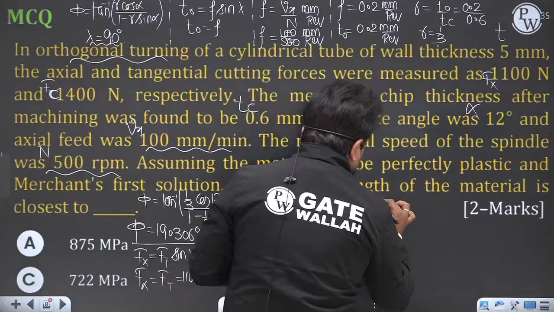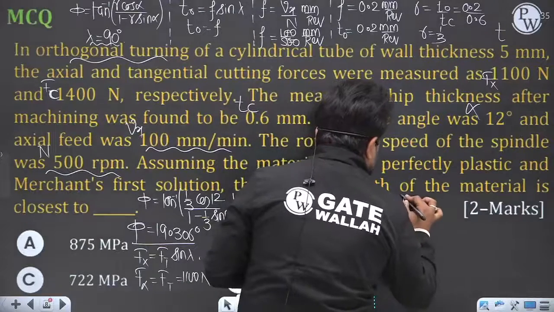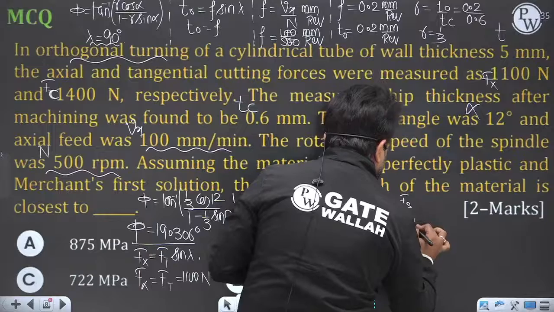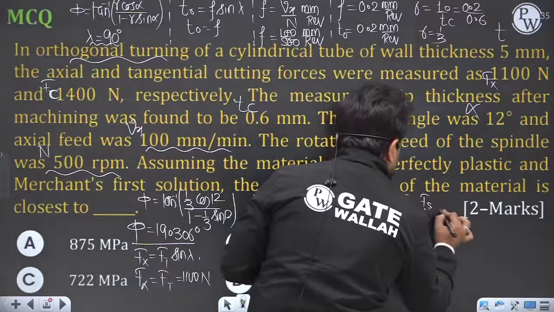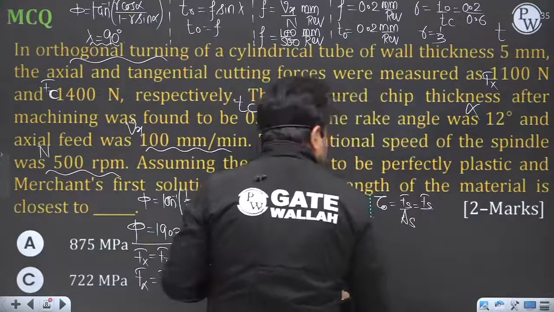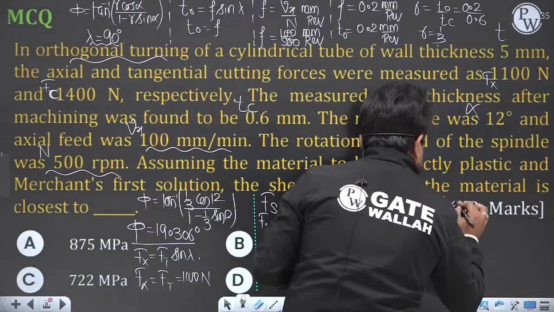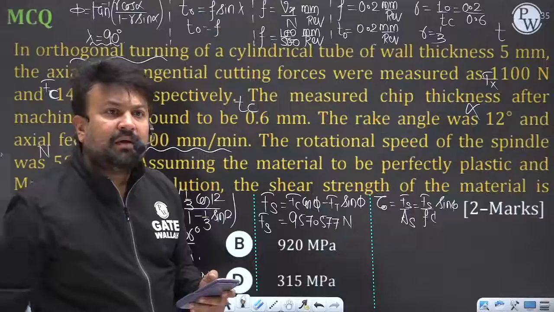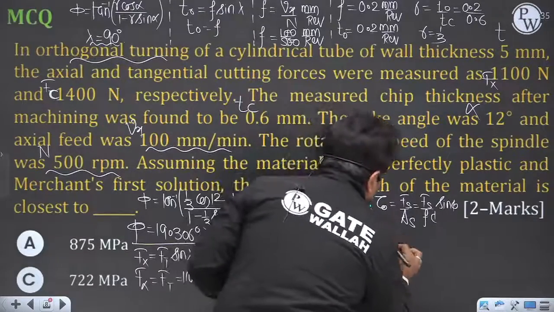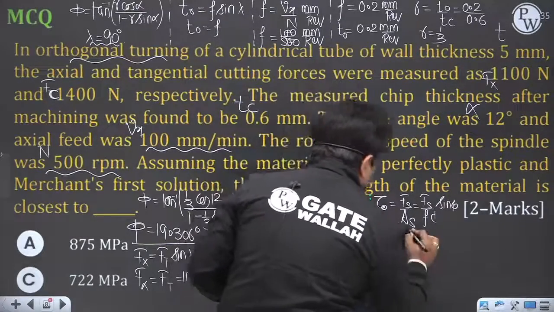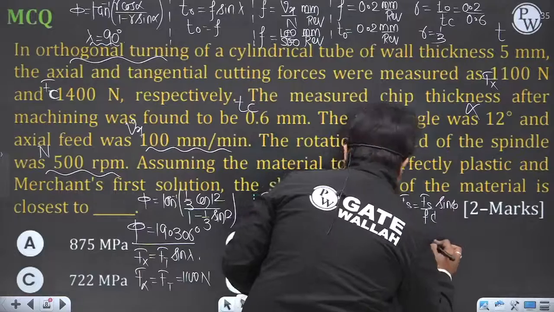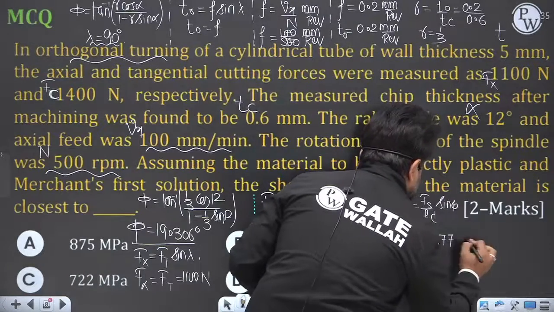Now, what will be the tau? That is Fs by As, and As is Ac divided by sine phi. So sine phi will come here. Am I clear? Here tau naught, Fs will be 957.577.